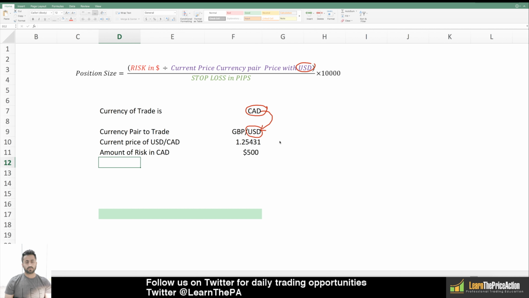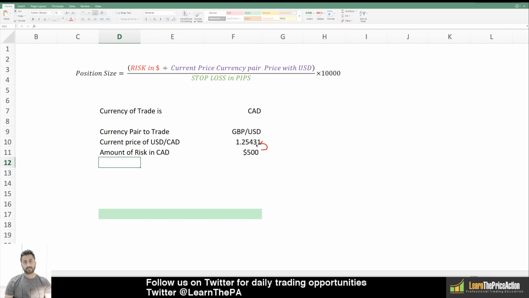Once you've found the current price on the market and the amount you want to risk, all you have to do is take this value and divide it by the current price, which is this one right here. So you divide 500 by 1.25431.